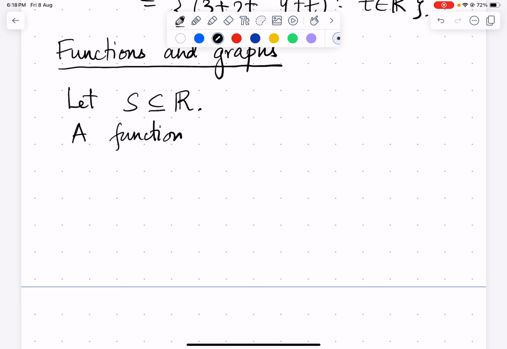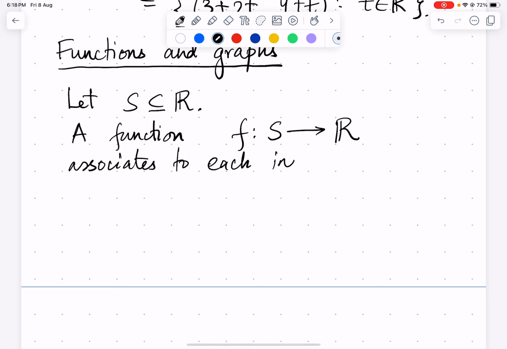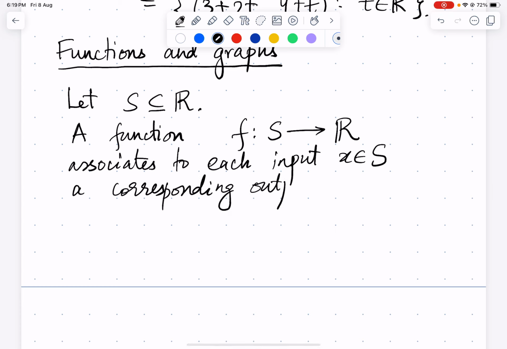A function, we denote it like this: f from S to R, associates to each input x in S a corresponding output f of x in R.